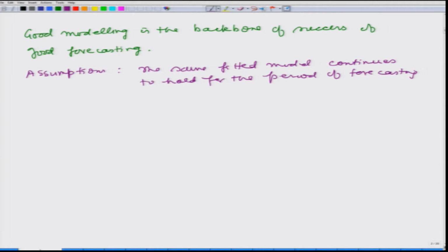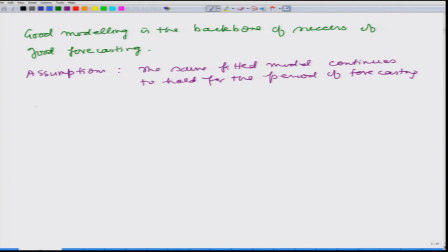Now, when we discuss forecasting, we have two types of forecasting. One is within sample forecasting, and another is outside sample forecasting.